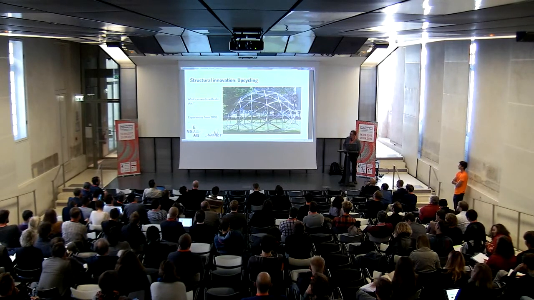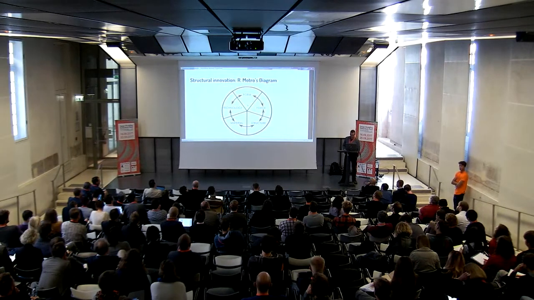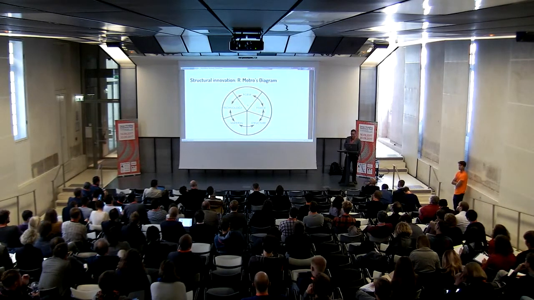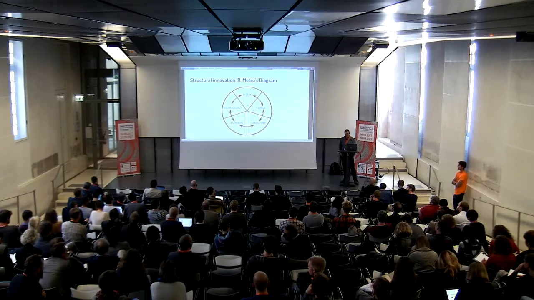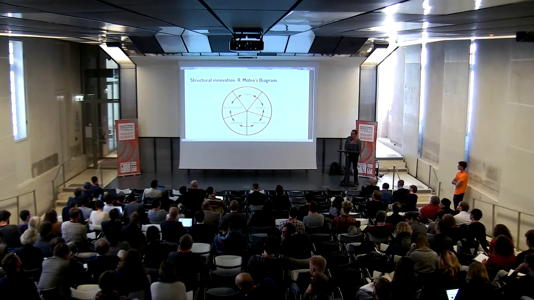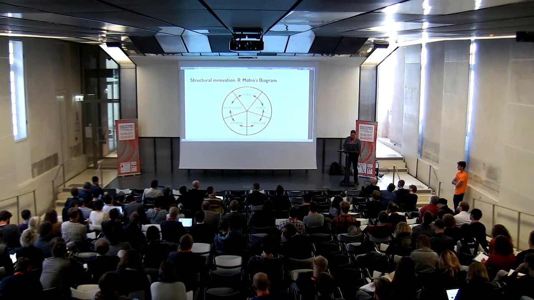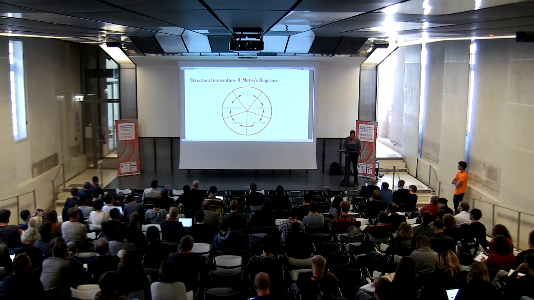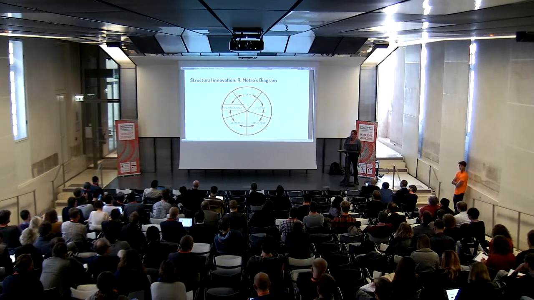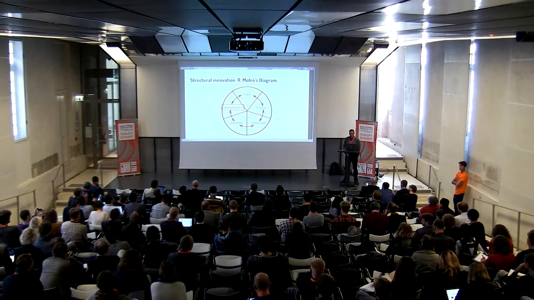So, if I try to conclude on this topic of structural innovation that we will spend this morning on, and if we look at Montrose's diagram, obviously there's a huge change in technology nowadays. Things are going very fast.